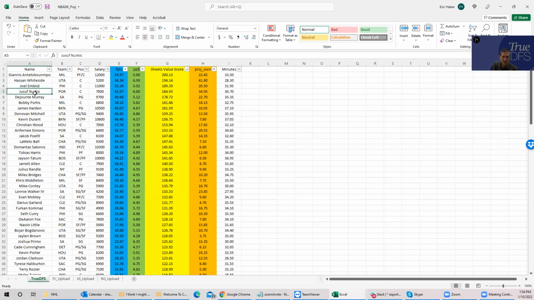Then you have Nurkic on Portland, playing Brooklyn. So you could play Nurkic with Harden or Durant. While Nurkic is going to be highly owned, Durant and Harden will be low owned. So I think you can do that also.